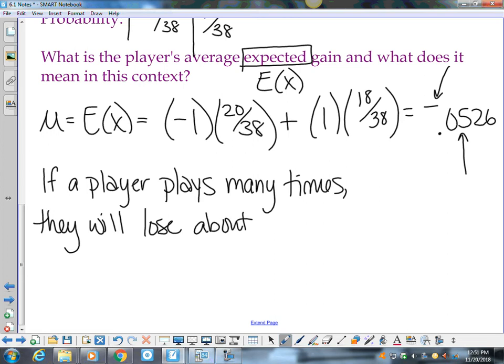This is not exact. They will lose about 5 cents. I'm taking the negative off because I have the word lose. Per game, and then here's the kicker, on average.